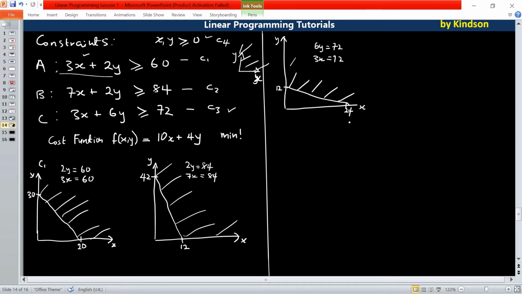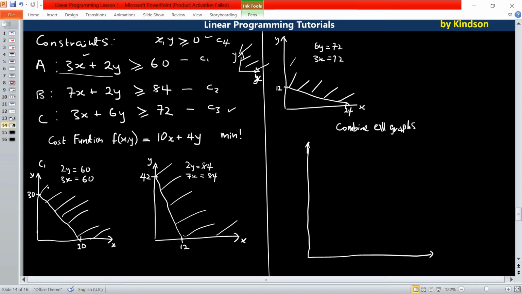So the next thing is we combine everything, combine all graphs. So let's draw a larger graph that will combine everything. So go down a bit, go this way.